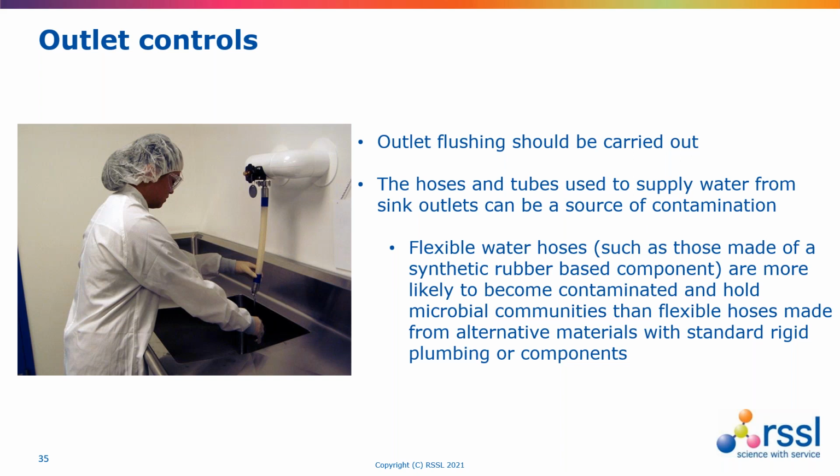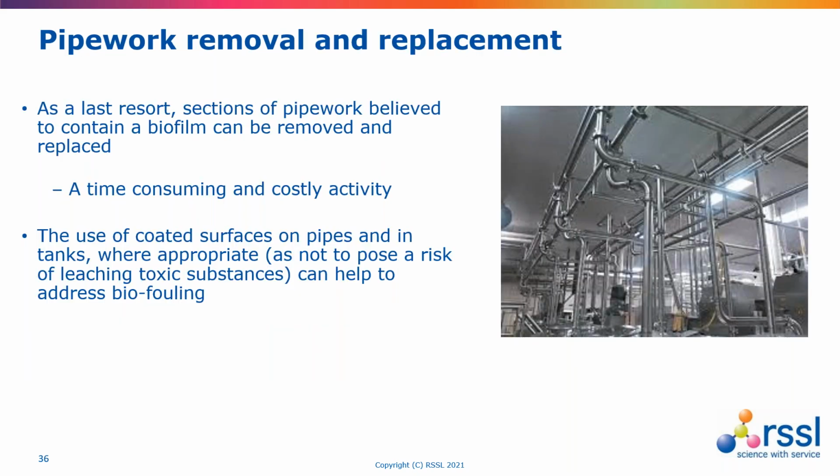So there's quite a lot of choice to be made around this part of the process: the degree of flushing, the type of tubing, how we control that tubing, and so on. The kind of worst case but ultimate control measure, if there is an extensive biofilm, is to remove sections of the pipework completely.